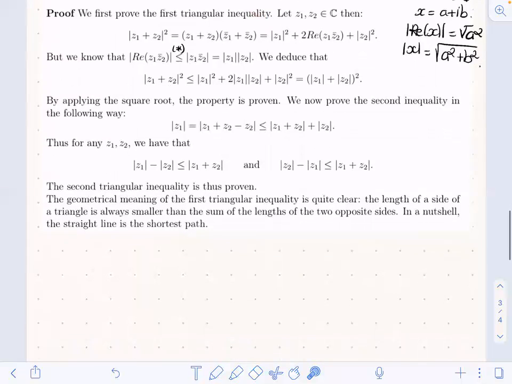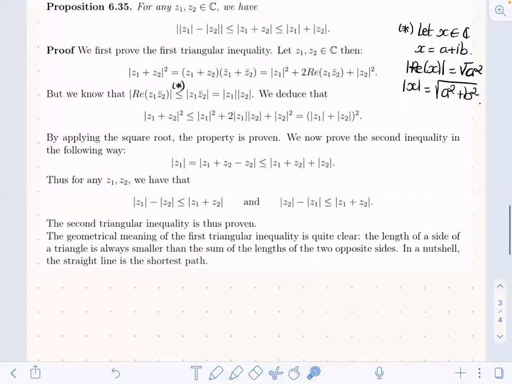And to prove the second property, you can do it in a way that we've done in a tutorial exercise. So if you want to prove this one, you first consider Z1, and you can write Z1 as Z1 plus Z2 minus Z2.